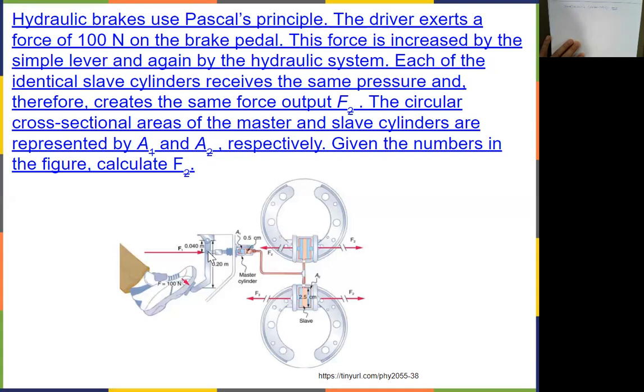The 500 newtons is then applied to this part over here where there is liquid inside. This is the master cylinder with a piston on top. Because they are all connected with the liquid, F1 over A1 is going to be equal to F2 divided by A2.